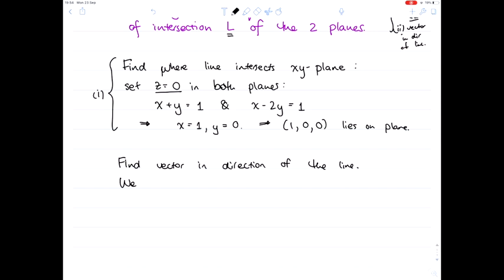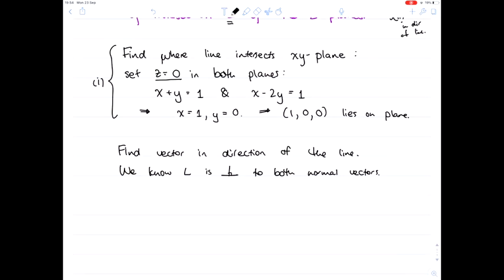So we know that L is perpendicular, I'm going to use a bit of shorthand here, to both normal vectors. But this is great because we know how to find vectors that are perpendicular to two other vectors: we take the cross product.